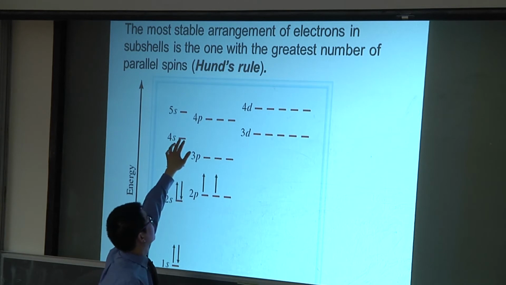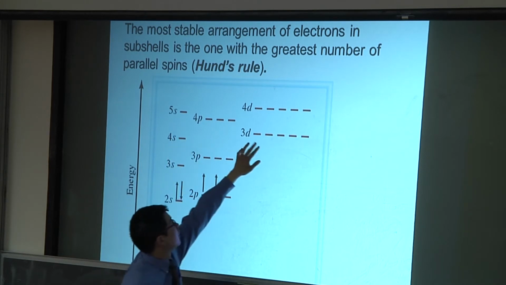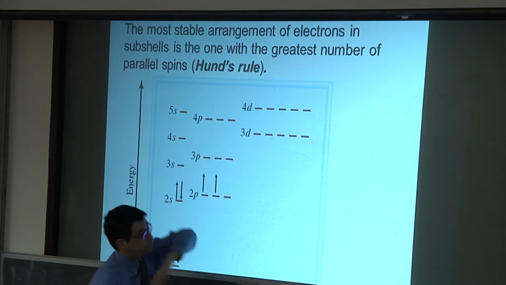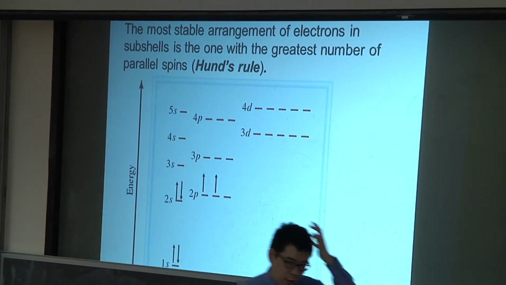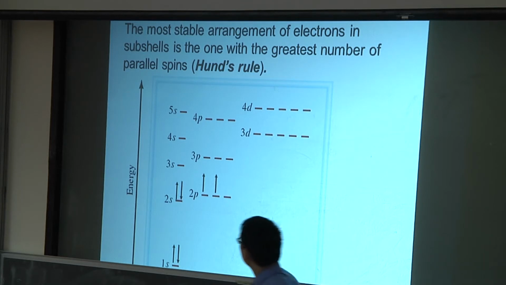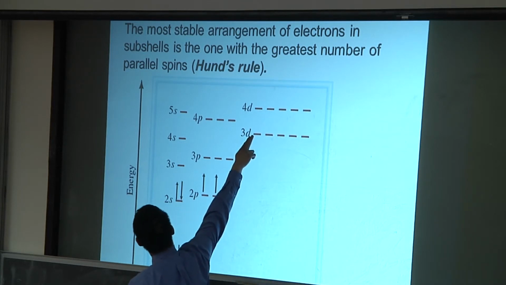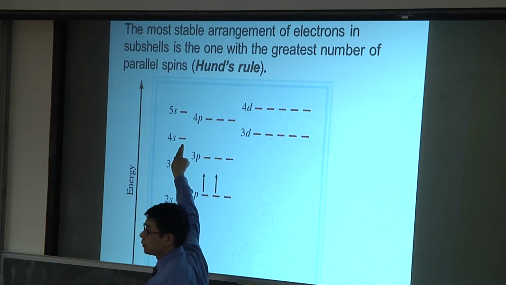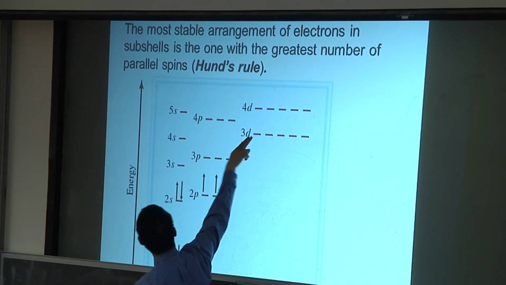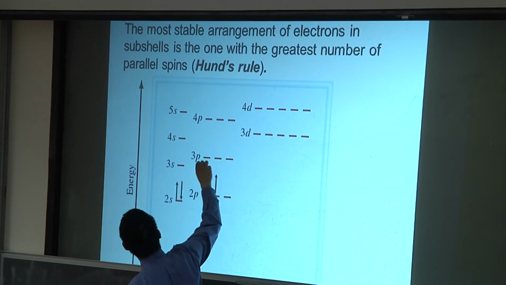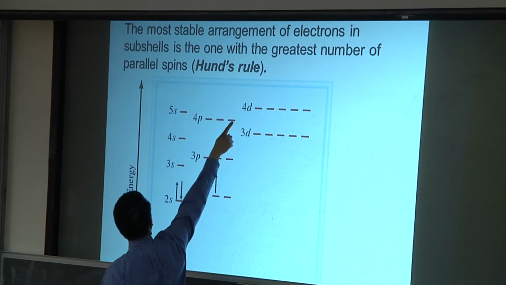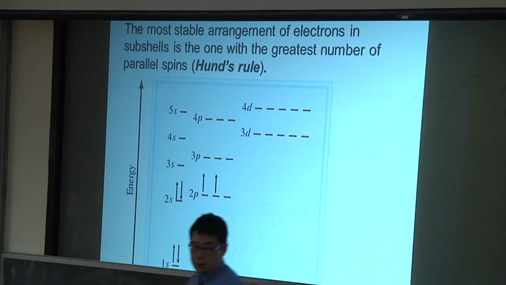Then it goes to 4s, 3d, 4p, and then 5s. In other words, once you get to d orbitals, you fill the next s before you get to the d. So 3p doesn't go to 3d, it goes to 4s. After 4p, it doesn't go to 4d, it goes to 5s.